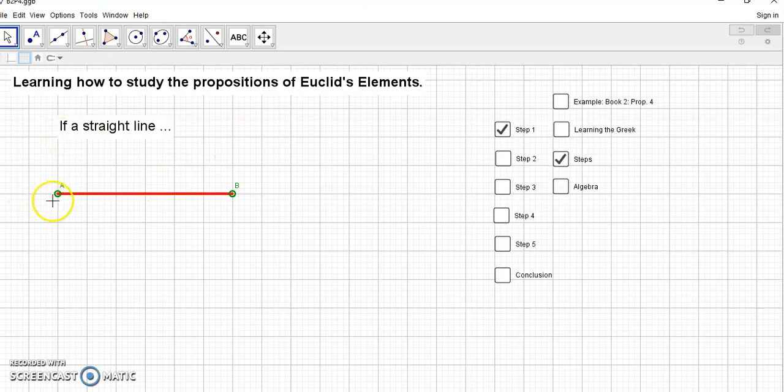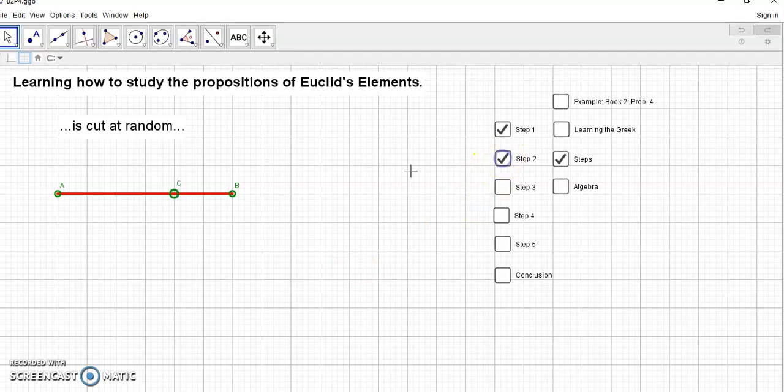If you want to have a straight line, you'll basically create your straight line in your software package and you'll do nothing else. And you want to be able to move it, right? So you want to be able to move the line. It's important that you do this in the right order, because if you don't, at a later stage, if you try to vary any of the points, you'll have something that may not actually resemble the original proposition. In fact, it will look as if the proposition hasn't worked, perhaps.